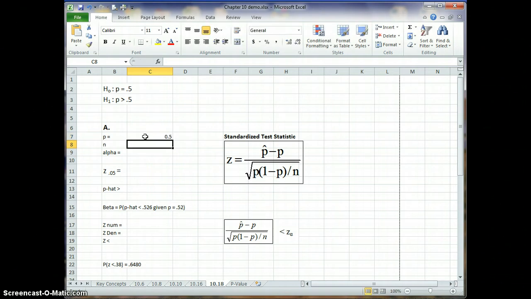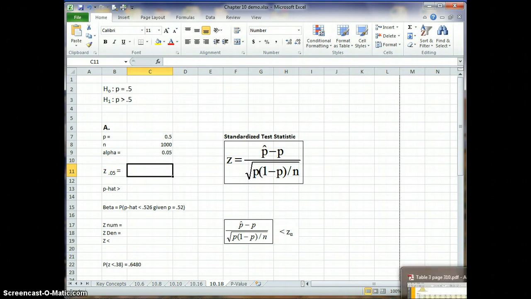So set up the rejection region, and then in stage 2 you find the probability that that unstandardized test statistic does not fall into the rejection region given a specific value of the parameter. In the problems you're going to be working on, the book will give you the parameter.